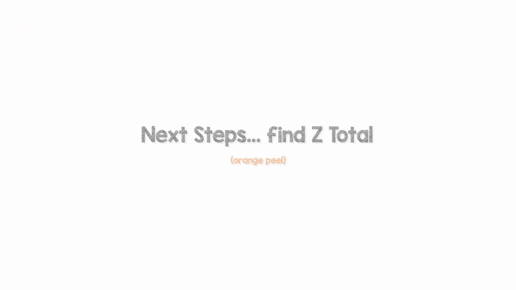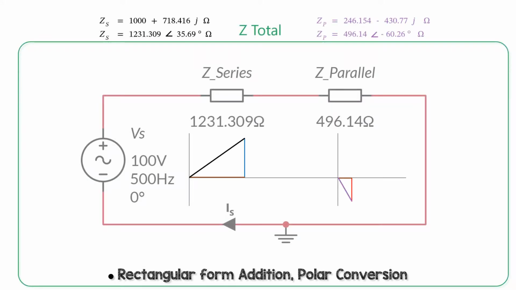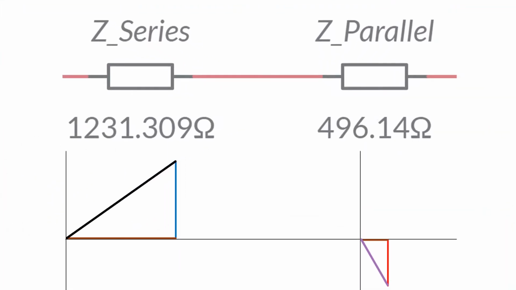Now we're going to find Z total by adding the series and parallel impedances together. These are the impedance triangles for Z series and Z parallel. We could add the hypotenuses together on paper at the right angle and find Z total. We could do that, or we're going to do it mathematically instead.